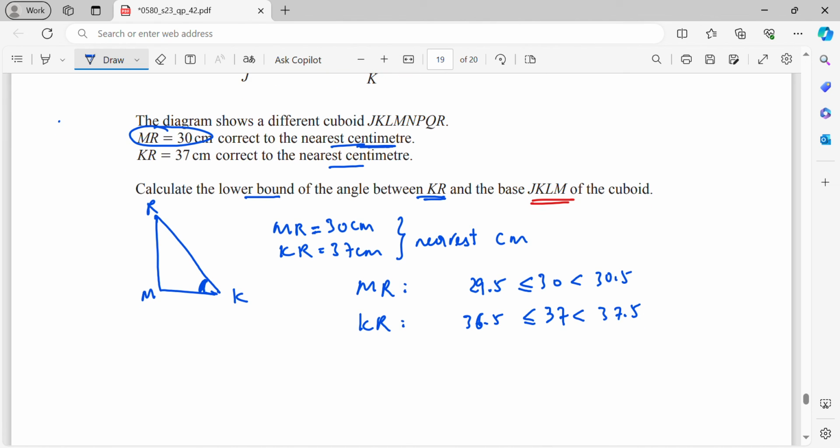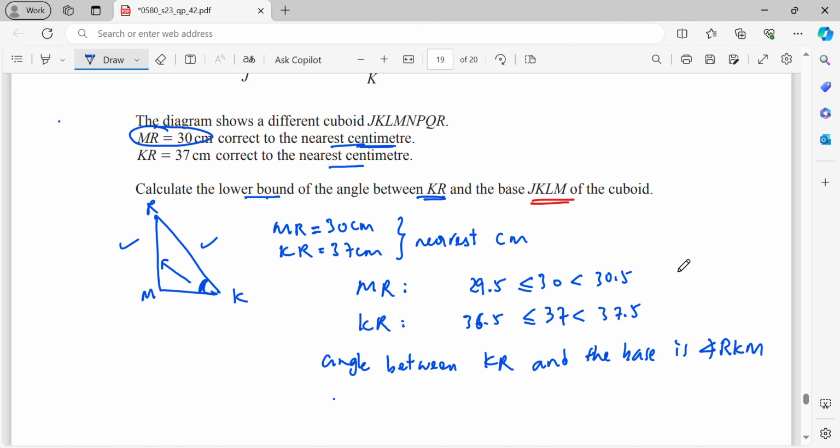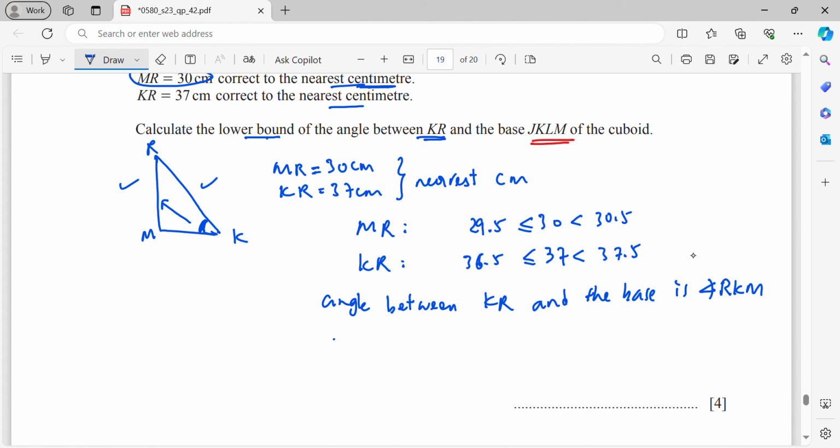Okay, now to get the angle, so the angle between KR and the base is angle RKM. Right, so now I have MR and KR. So this is opposite side and the KR is the hypotenuse. Therefore, opposite and hypotenuse, there is sine.